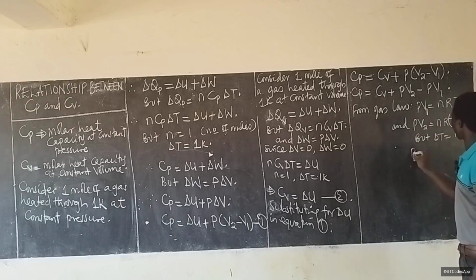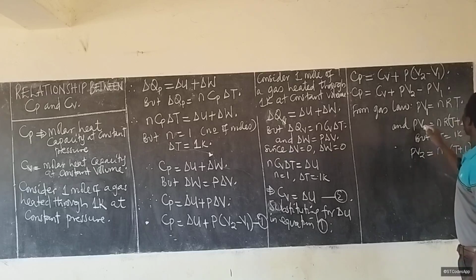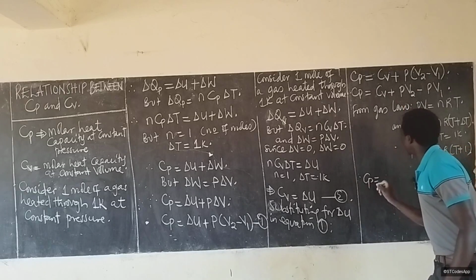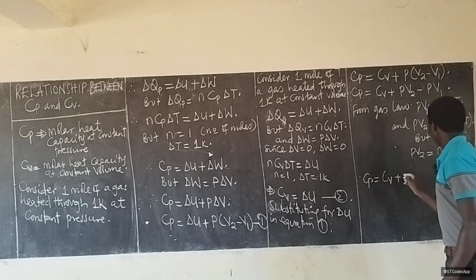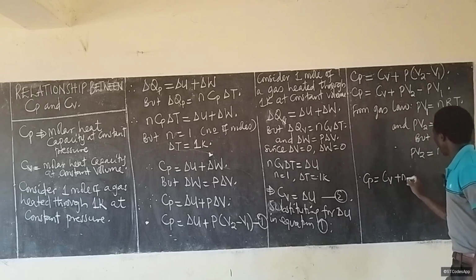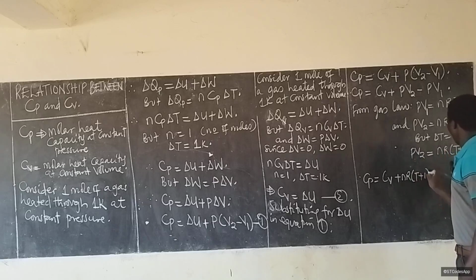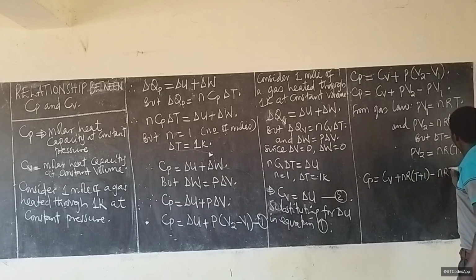So I can put it and say PV2 becomes nR(T plus 1). If we replace it here, C_P becomes C_V plus nR, open a bracket, T plus 1, and then minus PV1, which is nRT.